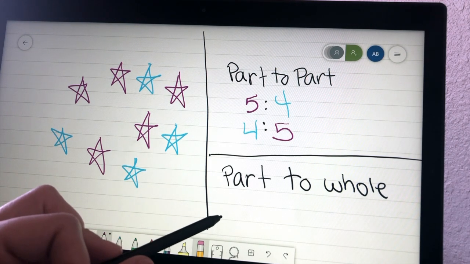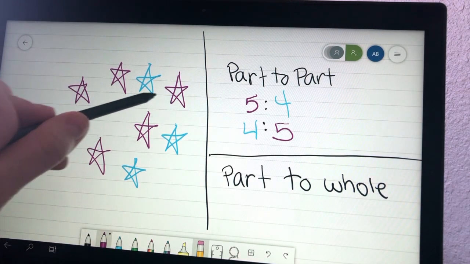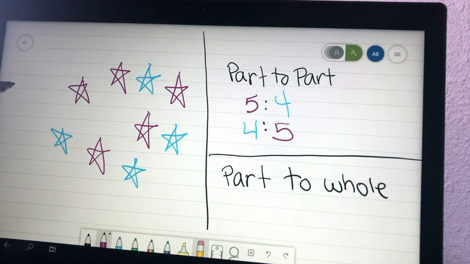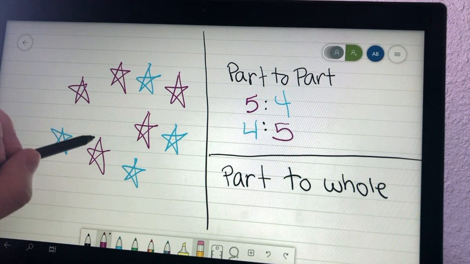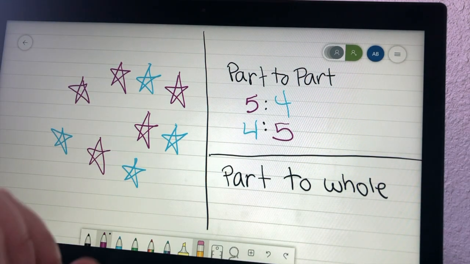For part to whole, remember, I'm looking at one part, so I could look at just my purple or just my blue and create a ratio comparing that value or that quantity to the whole picture. Let's start with purple first. If I want to compare purple to my whole, I would count 1, 2, 3, 4, 5 purple.